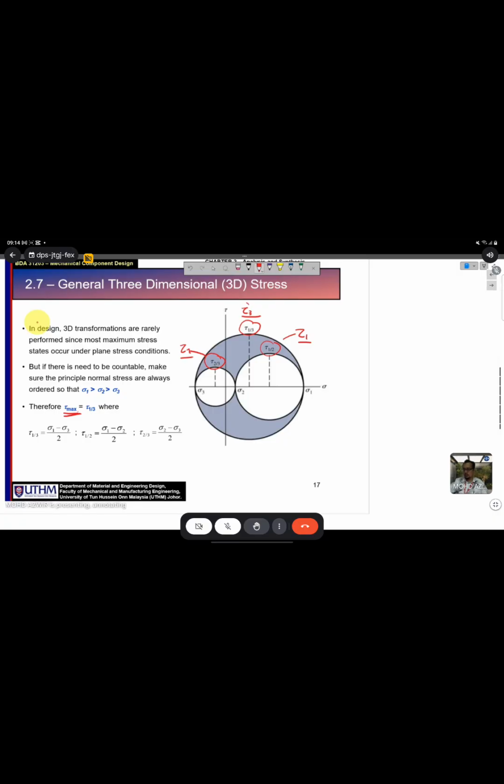So you're going to use this value to calculate the safety factor, not this value or this value. So this is just the technique to get the tau maximum value. You will get your 3 values of tau max, and then just use the maximum value to calculate the safety factor after this.